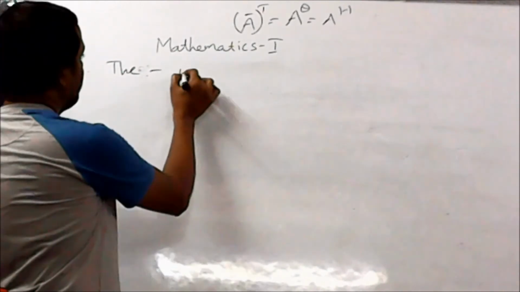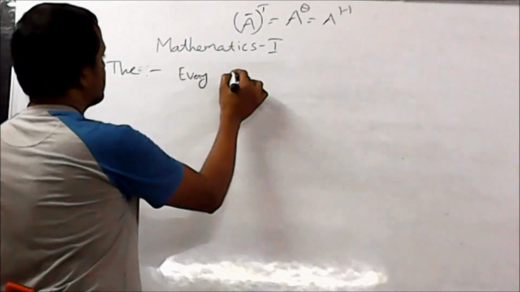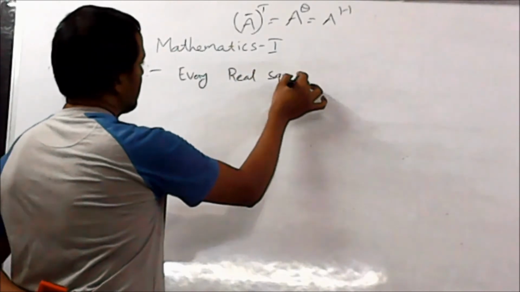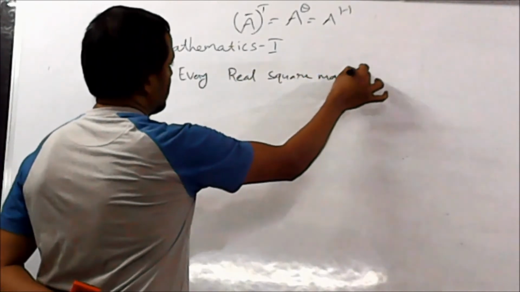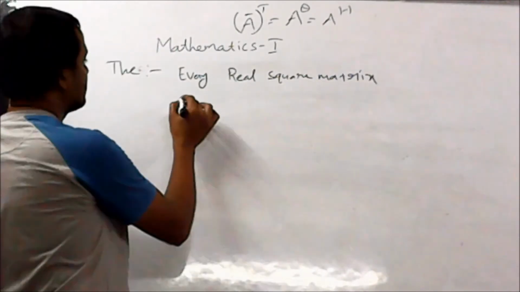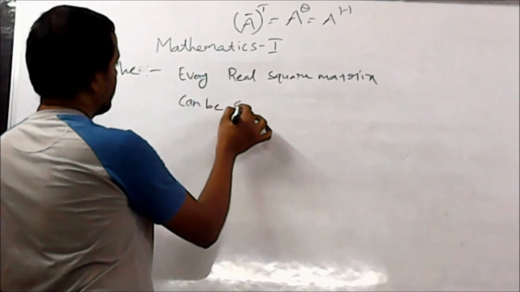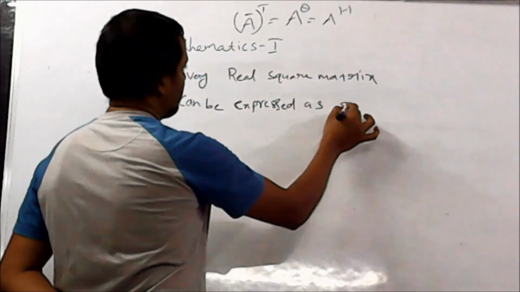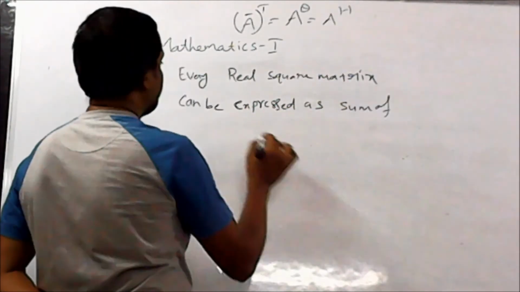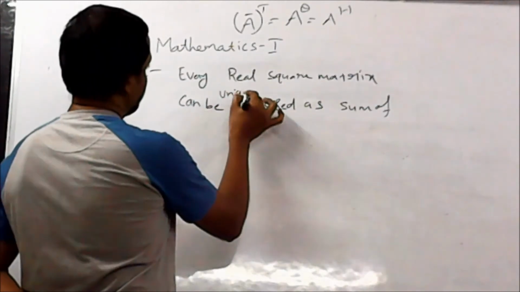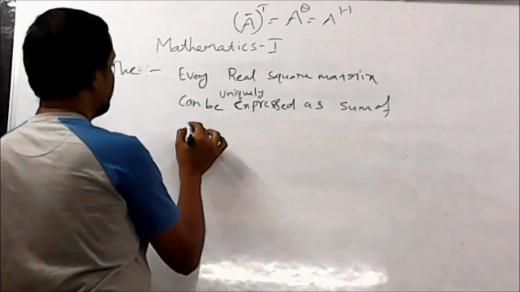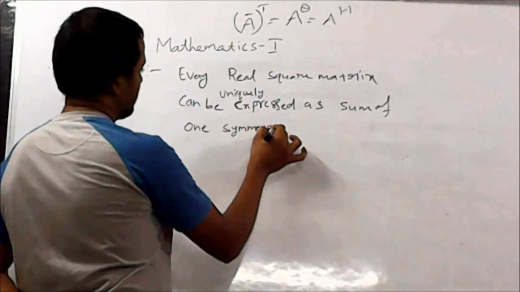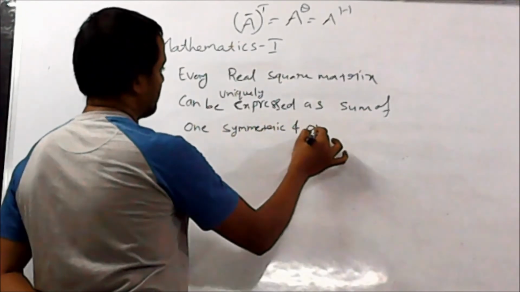Every real square matrix can be uniquely expressed as sum of one symmetric and one skew symmetric matrix.